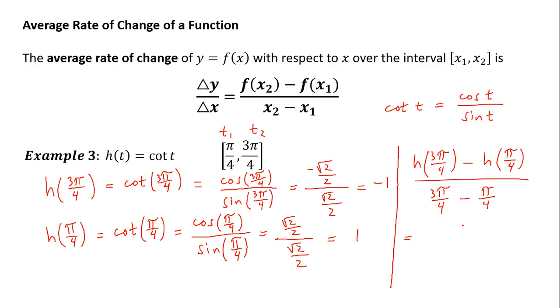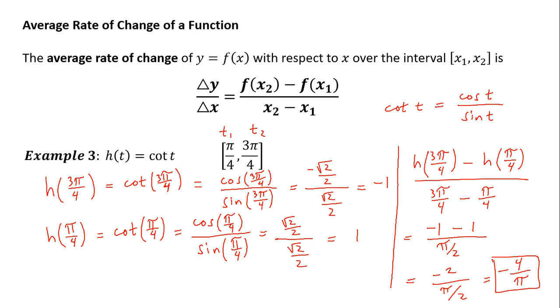Okay, h of 3 pi over 4 is negative 1 minus h of pi over 4 is 1. So the denominator is 2 pi over 4 or equivalently pi over 2. Alright, so this is negative 2 over pi over 2, which is equal to negative 4 over pi. This is our final answer for example number 3.